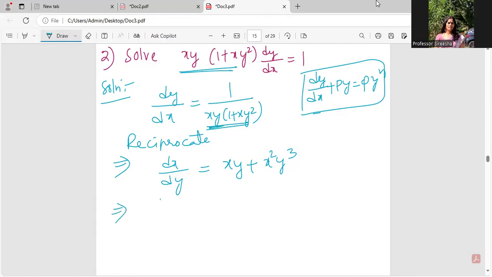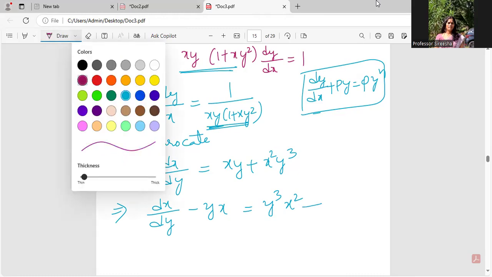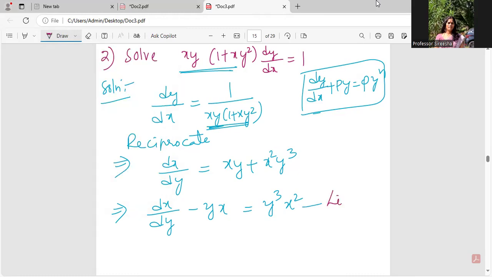Now, if you see, dx by dy minus yx is equal to y cube x squared. Or I can say here that it is a linear differential equation in x. Linear differential equation in x. Okay, guys, here I have one small thing.